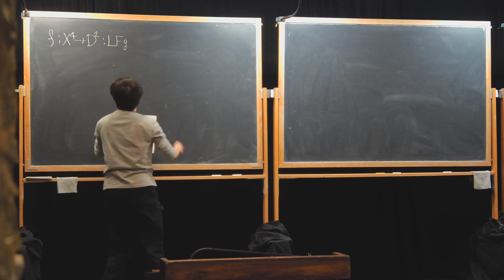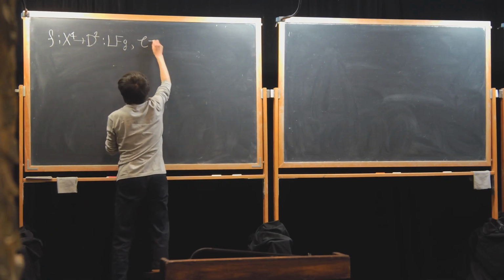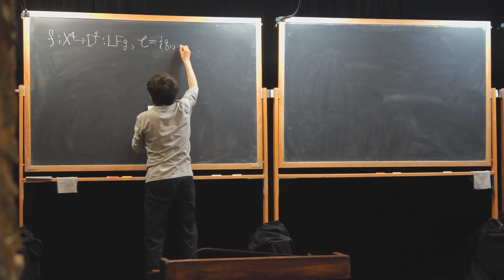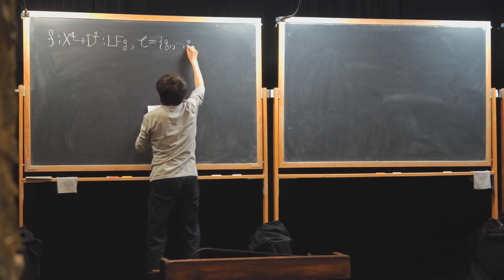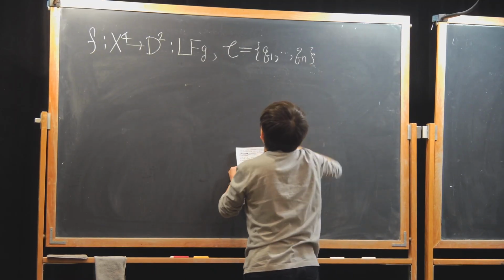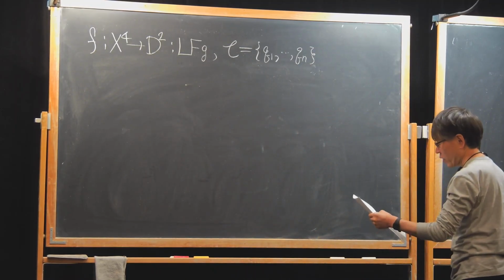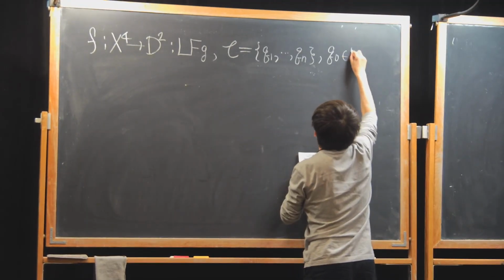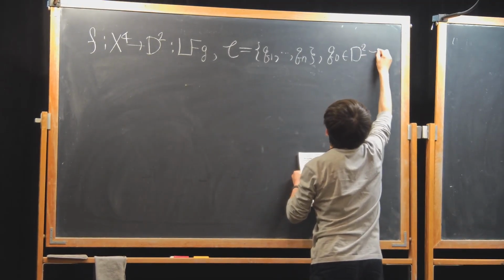Okay? And C is the set of critical values, and the critical values are Q1 to Qn. And Q0 is a regular value of F.